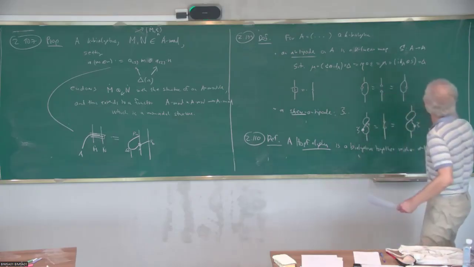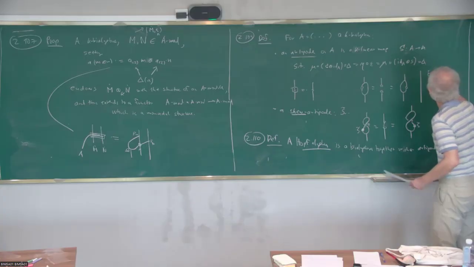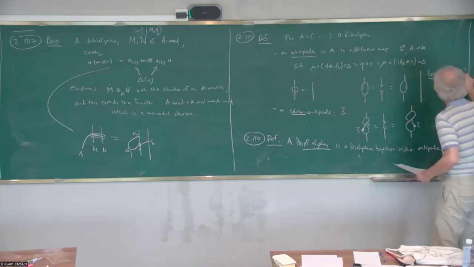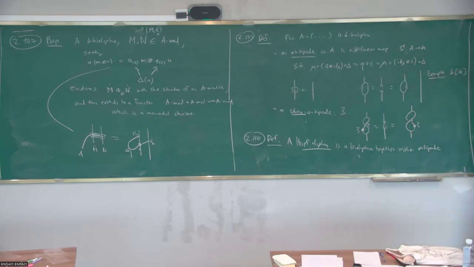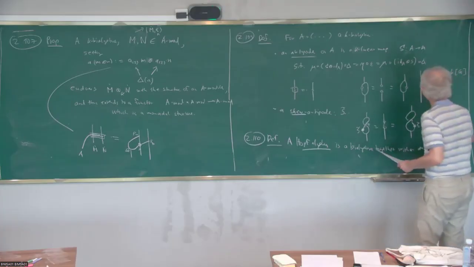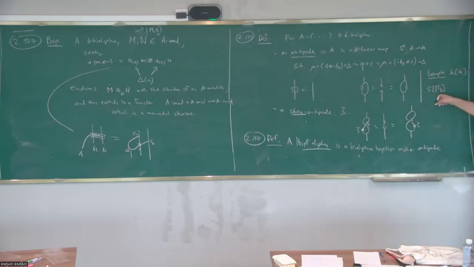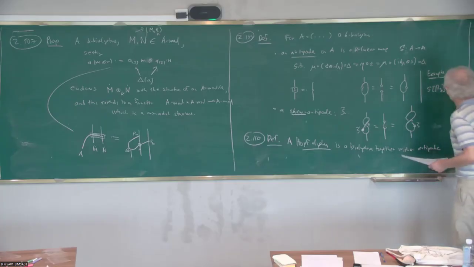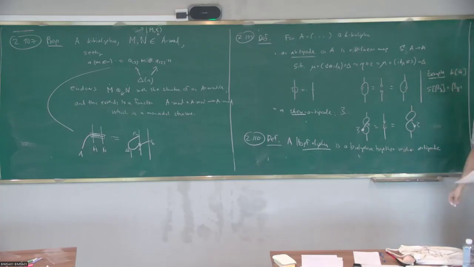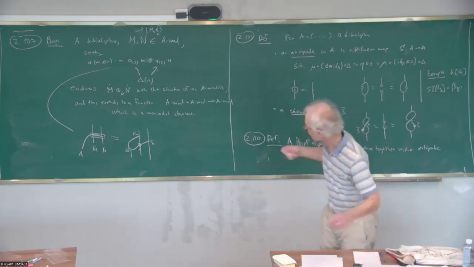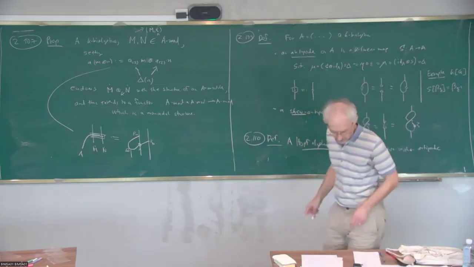For example, the group algebra of a finite group G is actually a Hopf algebra if we define the antipode by saying that S on the generator corresponding to the group element g is the generator corresponding to the inverse group element.